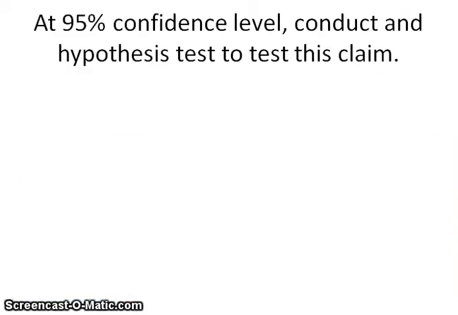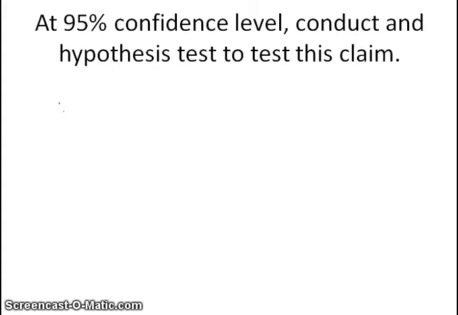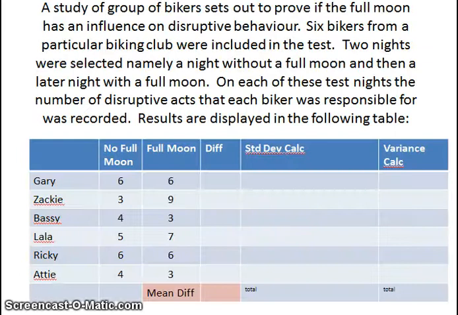This question continues to say at 95% confidence level, conduct a hypothesis test to test this claim. If we have a look at the information that we're given, this particular question does not specifically ask us, is there more disruptive behavior after the full moon, or is there less disruptive behavior after the full moon?